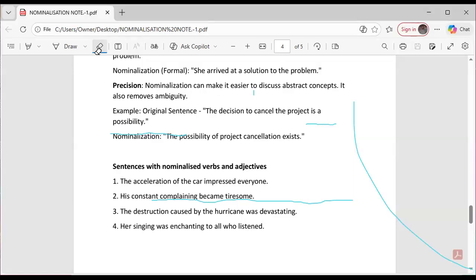Her singing was enchanting to all who listened. Enchant is a verb. The moment it ends with an ing, it becomes a gerund. The same also with singing, right? The verb sing becomes what? Singing. Great job.